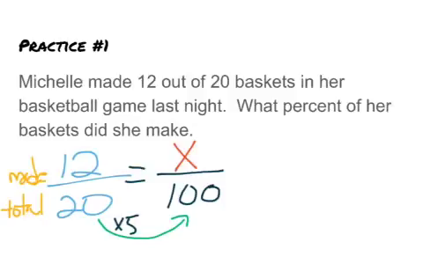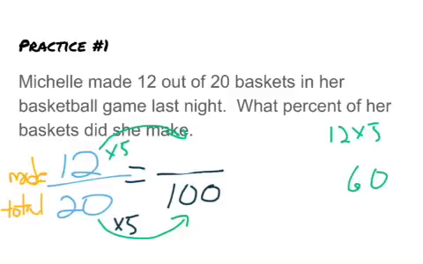Well, if that's the case, then we can do the same thing here at the top of this proportion by multiplying the numerator 12 times 5. And 12 times 5 equals 60. So we now know that this x, we could actually replace the x with 60.